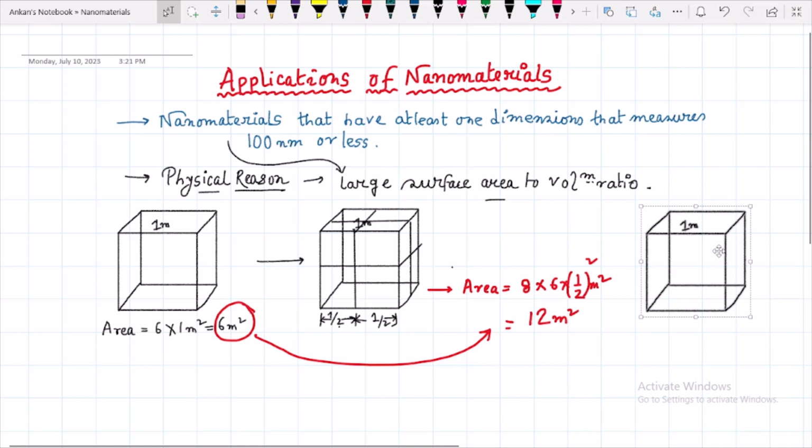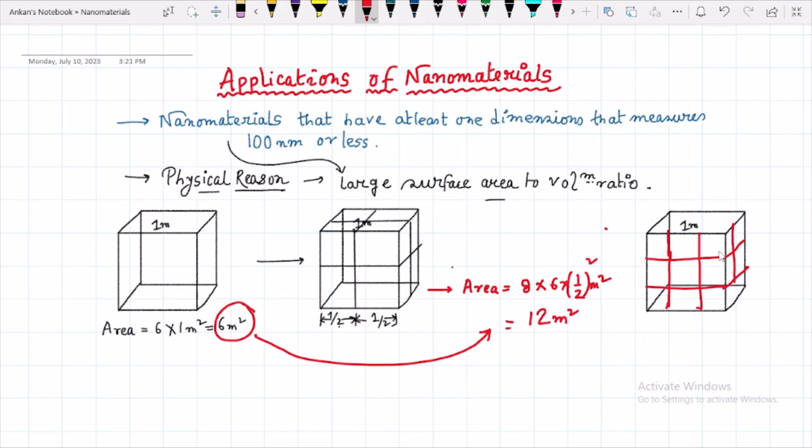Yes. So let us suppose that we divide this into 3 equal portions, each of side length 1 by 3 meter. So this is something like this, and this will be divided like this. This will be divided like this. This will be divided like this.